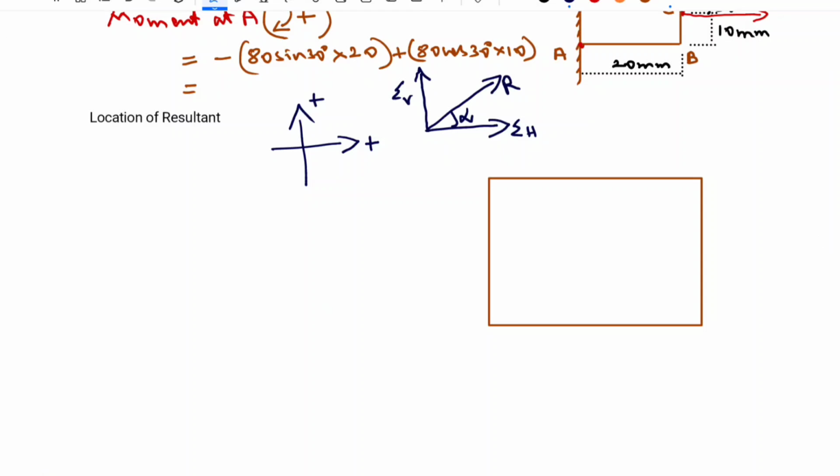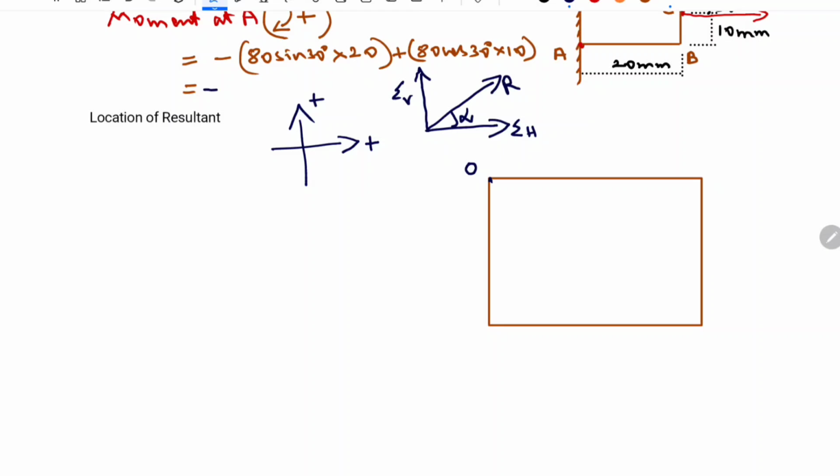Now to locate the resultant, for example, I have considered this square box, and let us say we have found the resultant of this. We have to find the distance between this sigma H, sigma V, R and the point we have considered for calculating the moment. In the moment you will get the directions. If you get a negative sign, it means the moment is acting in the counterclockwise direction.